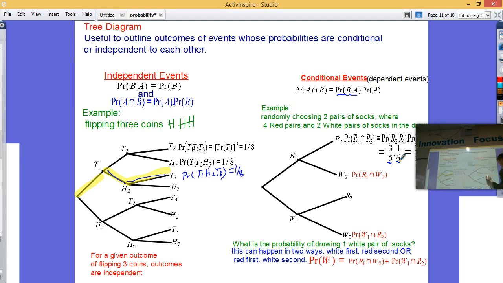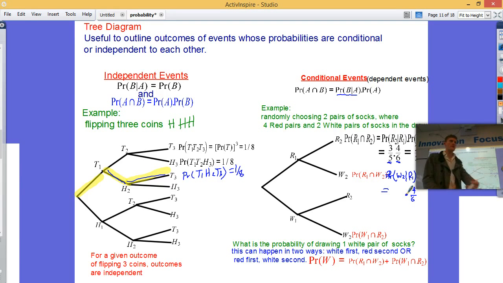Let's try this one. What's the probability of red 1 first, and then a white sock second? So that might be written as probability of white 2 given red 1 has occurred times probability of red 1. Alright, so if a red sock is drawn first, then that's 4 out of 6 probability.